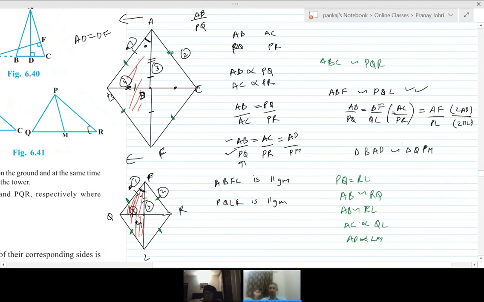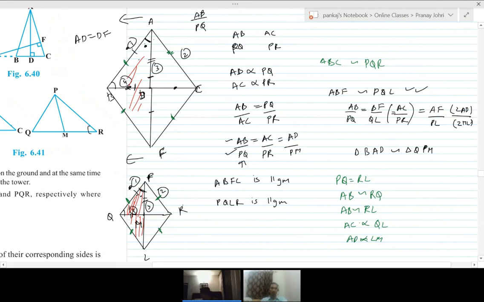If this is the case, then angle B is equal to angle Q. So one angle is this, one ratio is this, and another ratio, AB by AC, this was given.